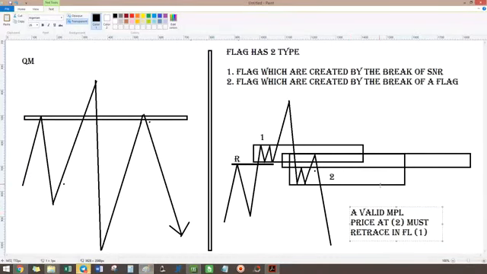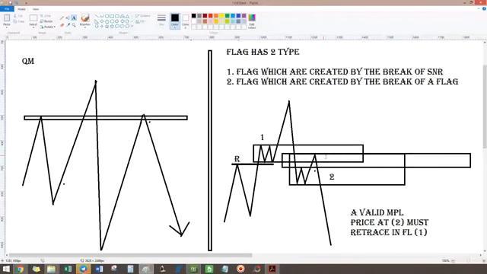Must retrace in here to make it a valid MPL. Okay, this is very confusing, but I will teach you since you want to know.